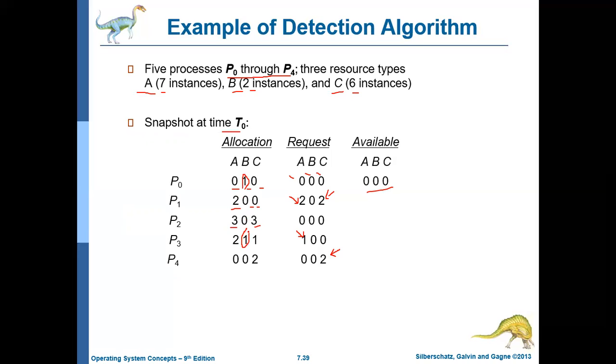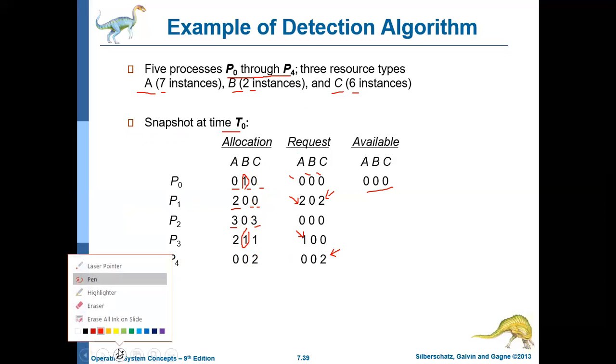And there are 6 instances of resource C, and 3 plus 1, 4 plus 2, 6. All the 6 instances of resource type C were also already allocated to a few processes. So currently the operating system is not holding any resource.